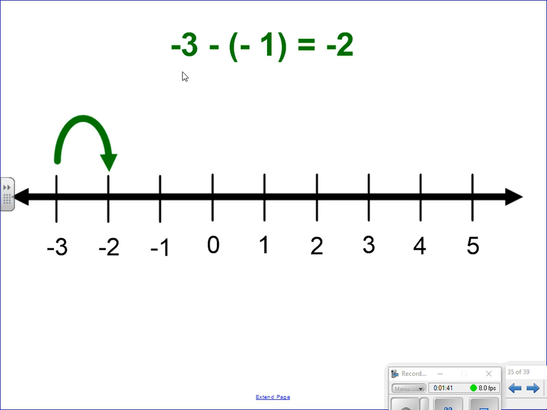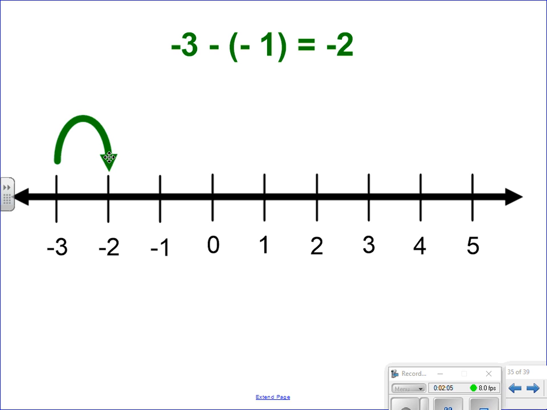Well, let's look at it this way. If we had negative 3 and we're taking away one of the negatives, we're becoming less negative. And a number that's less negative is really more positive. It could be more negative or less negative.